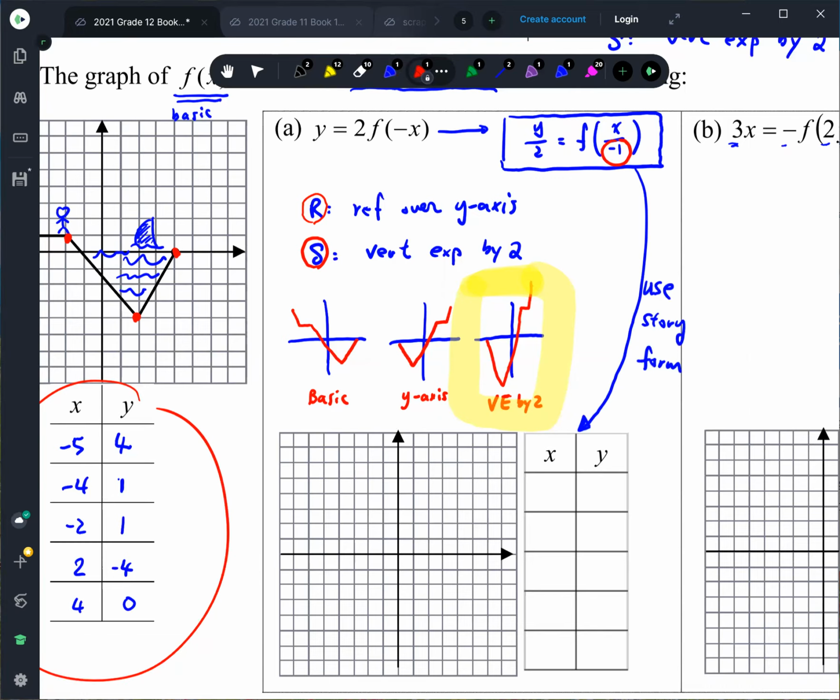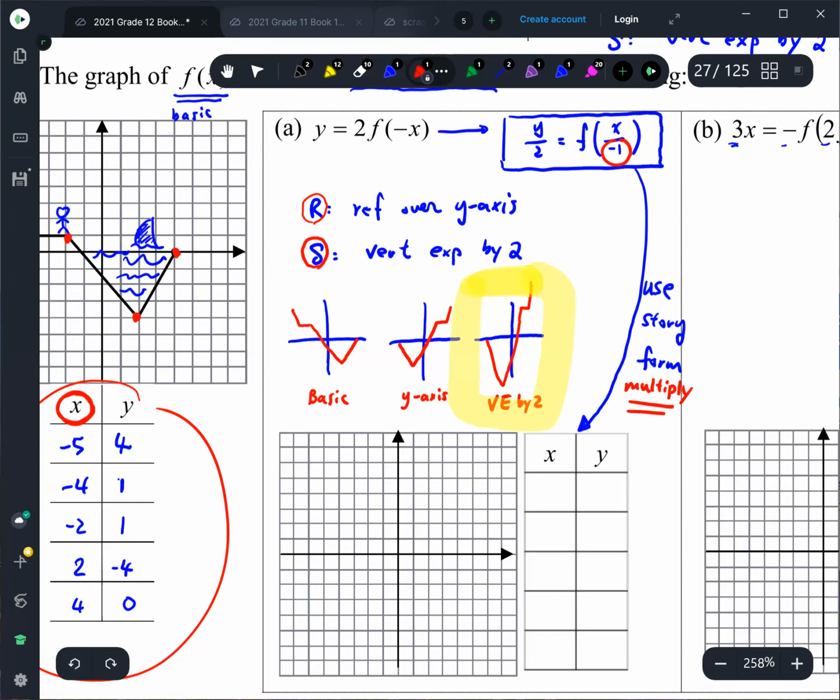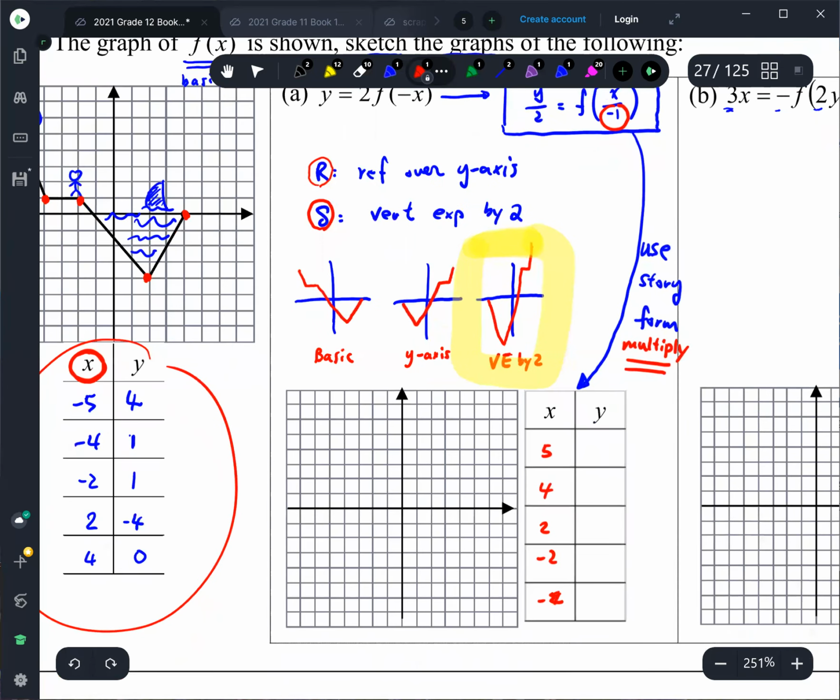Under the X, you see a -1. Then you look at your basic points. All your X values will multiply by -1. So -5 will become 5, and -4 becomes 4 because you times -1. And then 2, -2, -4. What's happening there?